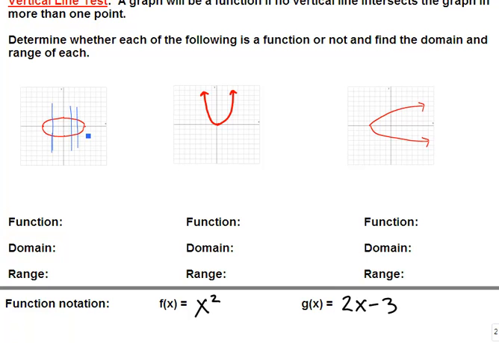If you can find a vertical line that intersects your graph more than once, which these do because they intersect on the top and on the bottom, then you will have no function. If your lines intersect no more than once, then you do have a function. So these points intersecting twice mean this is not a function.